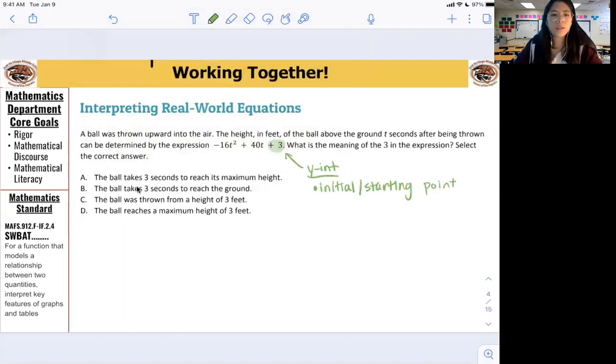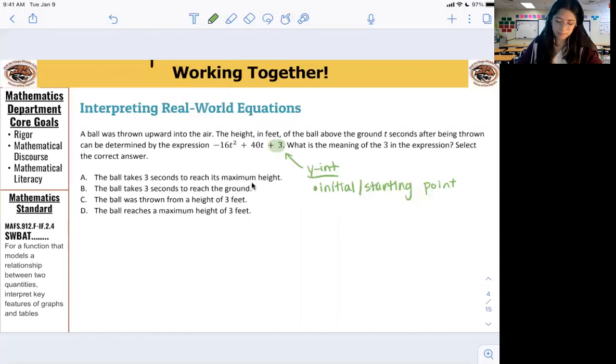Okay. So is it the amount of time, or is it the maximum height? Does it have to do anything with the maximum height? No, what's maximum?